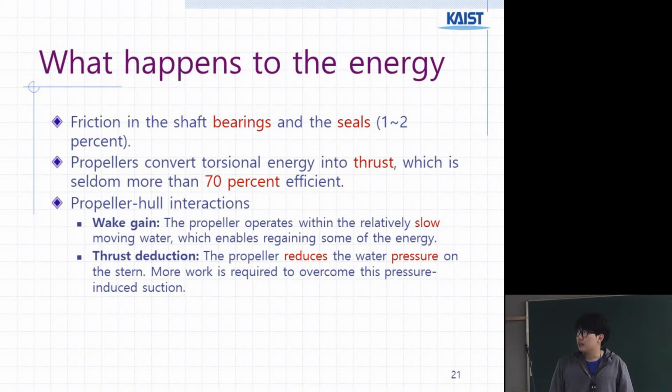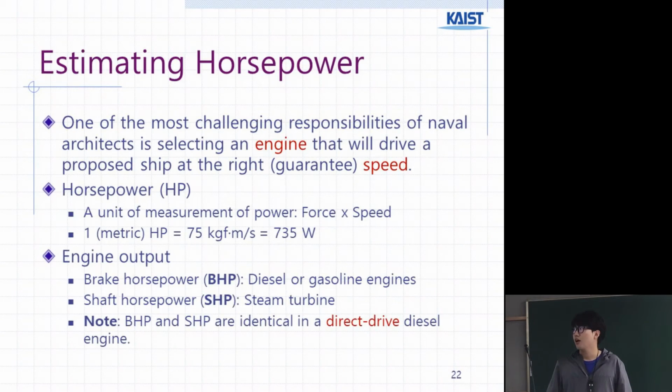And then the last topic is estimating horsepower. The important thing is that one of the most challenging responsibilities of a naval architect is selecting an engine that will drive a proposed ship at the right service speed. So at this point, the engine that we want is very important.